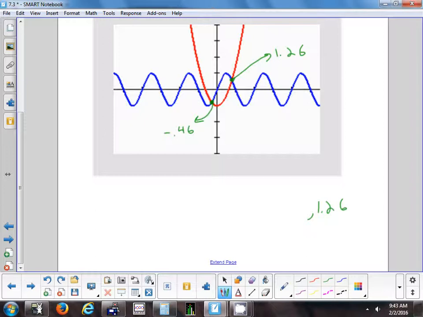And where is the interval start? Brendan? Discussion. Where's that interval start? Where's the interval start for where the sine function is above the parabola? Negative 0.46. And can we include that? Yes, because it did say greater than or equal, and we can include that.